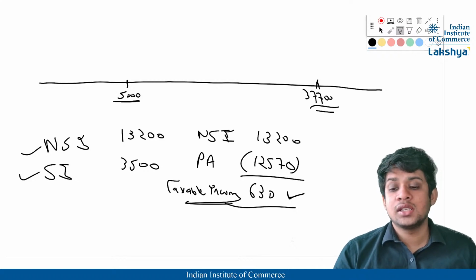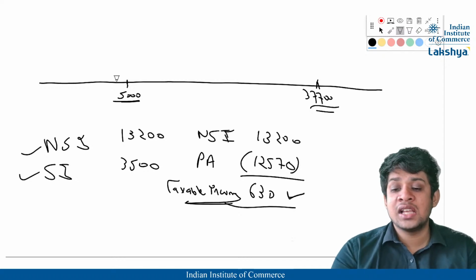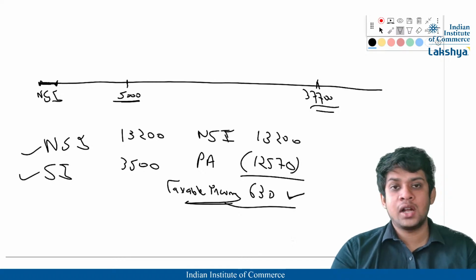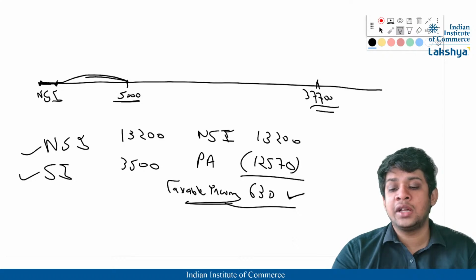That means it is less than 5,000. So from 0 to 630, only this part is my non-savings income, and the remainder is available till 5,000 for my savings income.